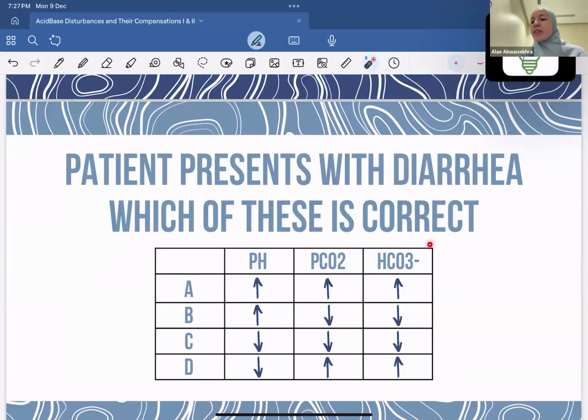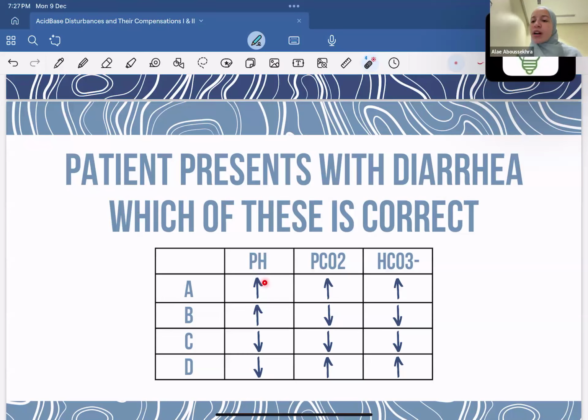And then we were given the ABGs to determine what this person has. So in this question, you have to know that diarrhea is a specific acid-base disorder. So diarrhea, as we said, is a metabolic acidosis. So metabolic acidosis. Now that we know what diarrhea is, we have to look for metabolic acidosis in these options.